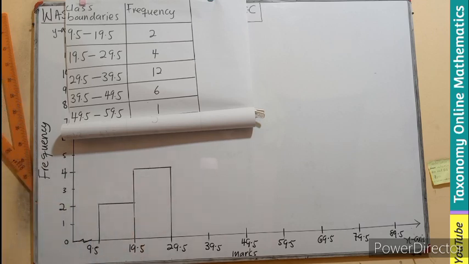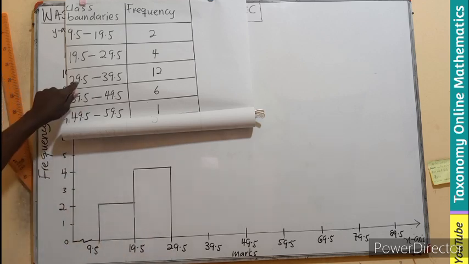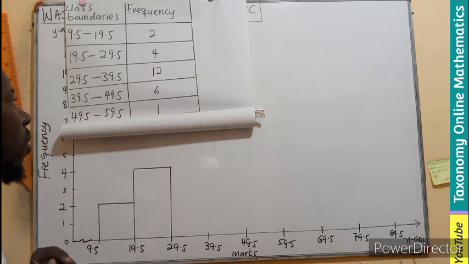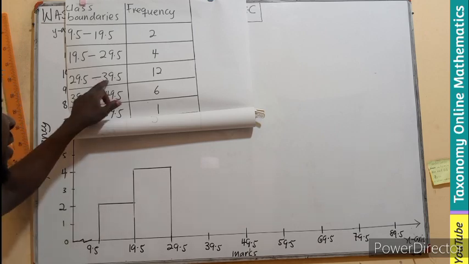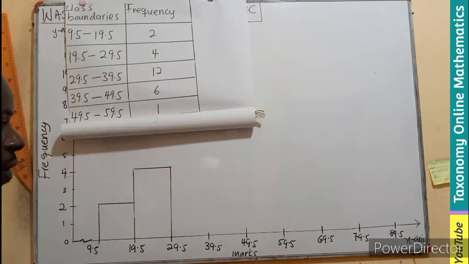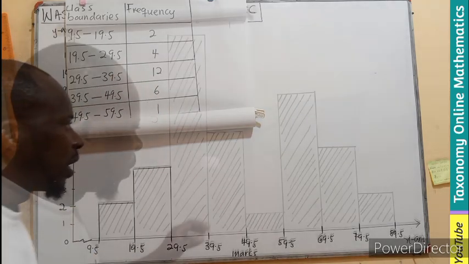Good, so you can see we've gotten another bar from 19.5 to 29.5. The next will be 29.5 to that of 39.5. So let's draw for all of them, then see how it will look.